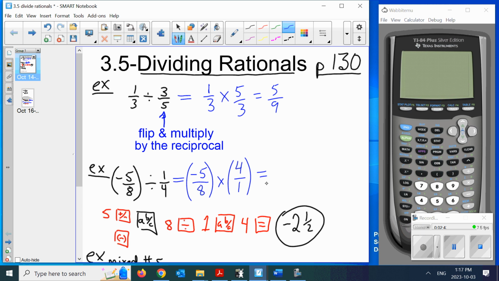But I'll show you this. If I do this, then I have to take out a factor of who? 4 fits into both, right? There's a quicker way to do it, where you don't have to worry about that. If you see right here that, okay, look, -5, is there anything on the bottom that has factors that go into 5?